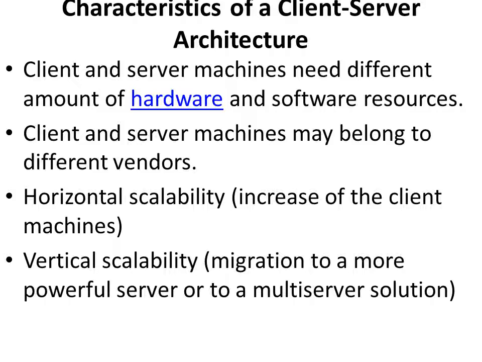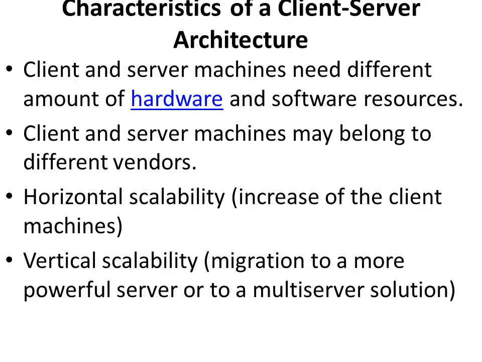Horizontal scalability is there. That is, increase of the client machines. When the client machines increase in the network, it is horizontally scalable. That is, horizontal scalability is there. It is called horizontal scalability when the client machines increase.